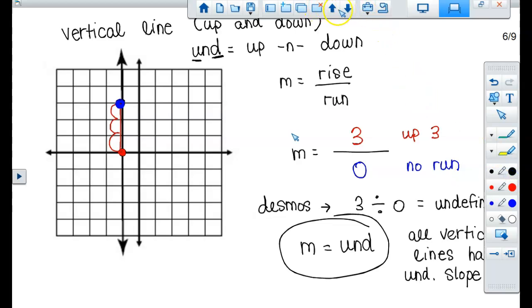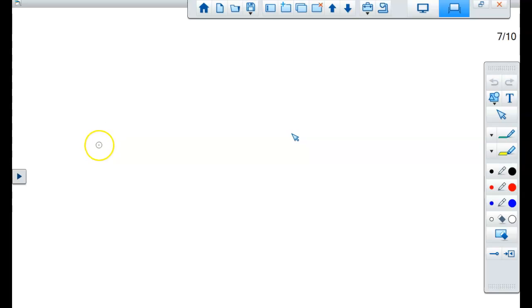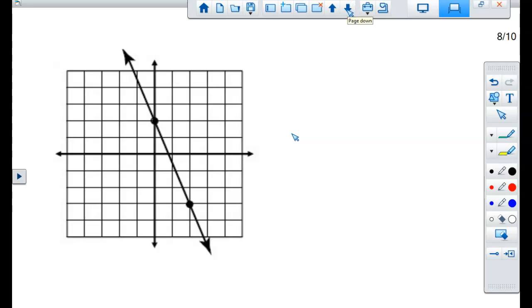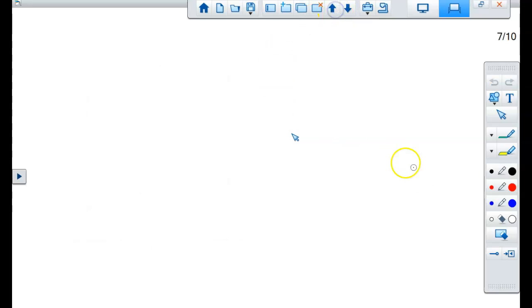All right, so to kind of summarize what you've seen in these examples, all right? Slope is m, and on a graph, it's rise over run.